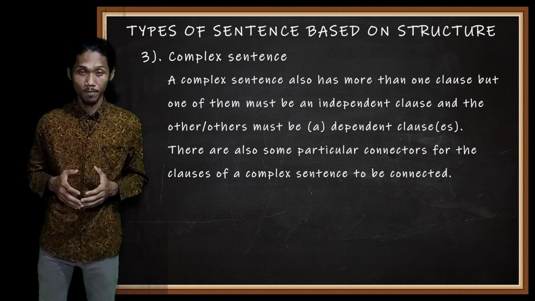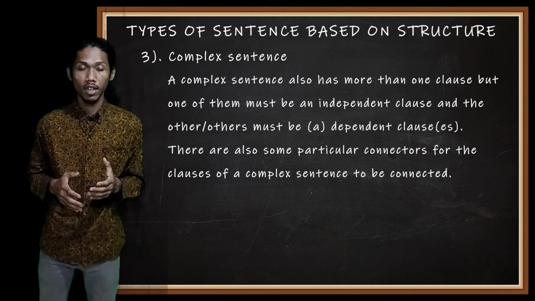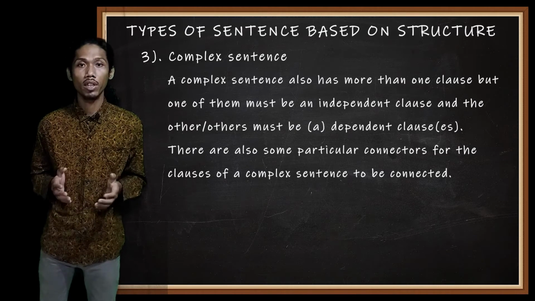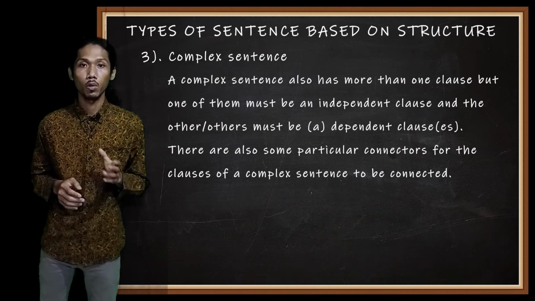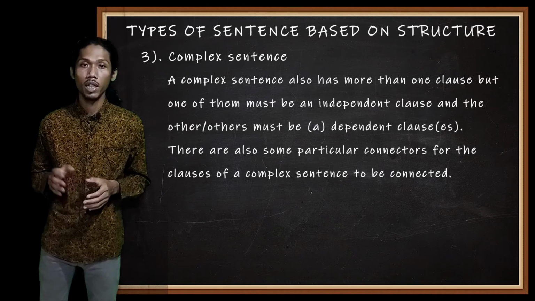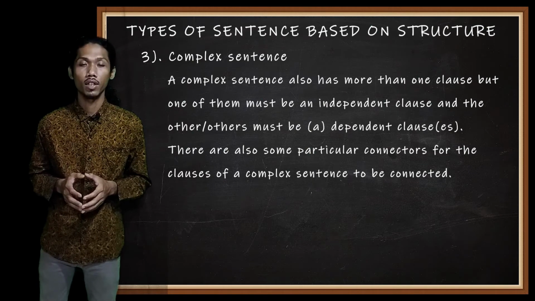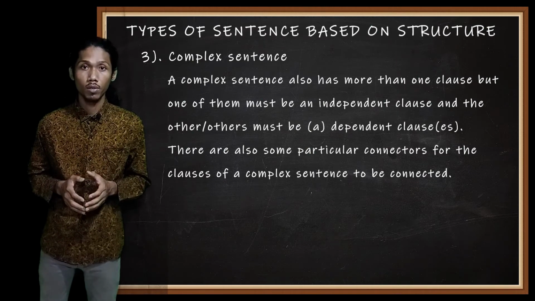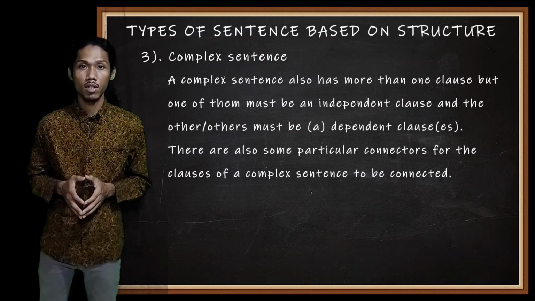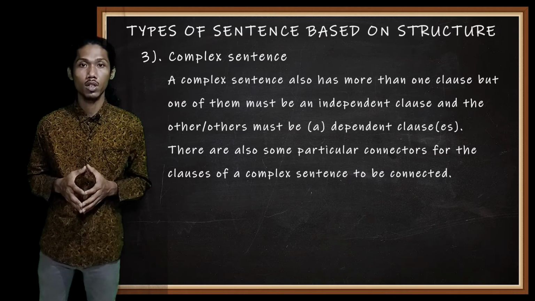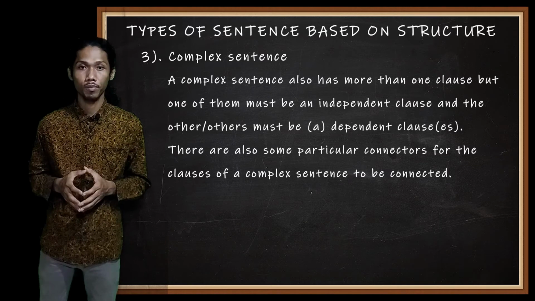Complex sentence. A complex sentence also has more than one clause, but one of them must be an independent clause, and the other must be a dependent clause. There are also some particular connectors for the clauses of the complex sentence to be connected.